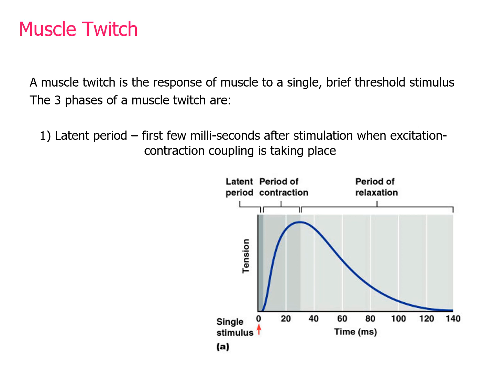So here we have a characteristic graph showing the kind of force or tension that can be generated with a single stimulus that triggers this kind of muscle twitch. Now, by convention, the arrow indicates the time at which the stimulus is given, and the length of it indicates the strength of that stimulus.